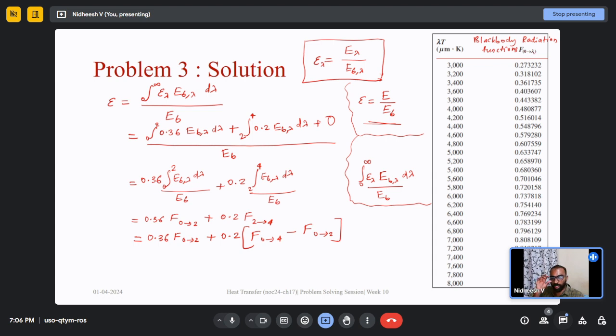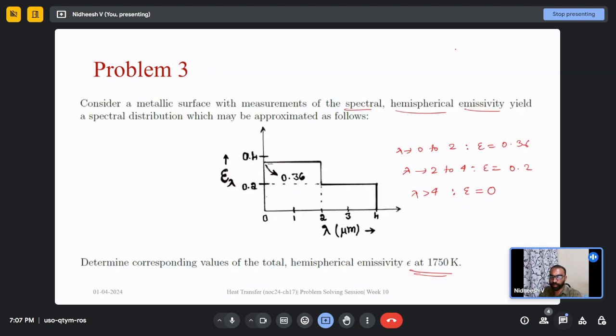So, lambda for F02 case is 2 micrometers. Corresponding to that 2 micrometers, what is the lambda T value? That is what we have to find out. The T here is the temperature. Remember that in the question, we have been asked to find out the total emissivity at a particular temperature, 1750 Kelvin, right? So that is the T value.